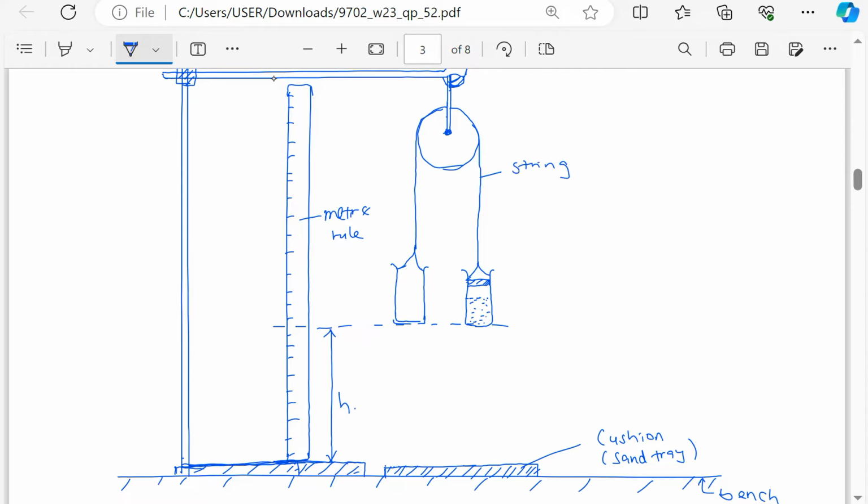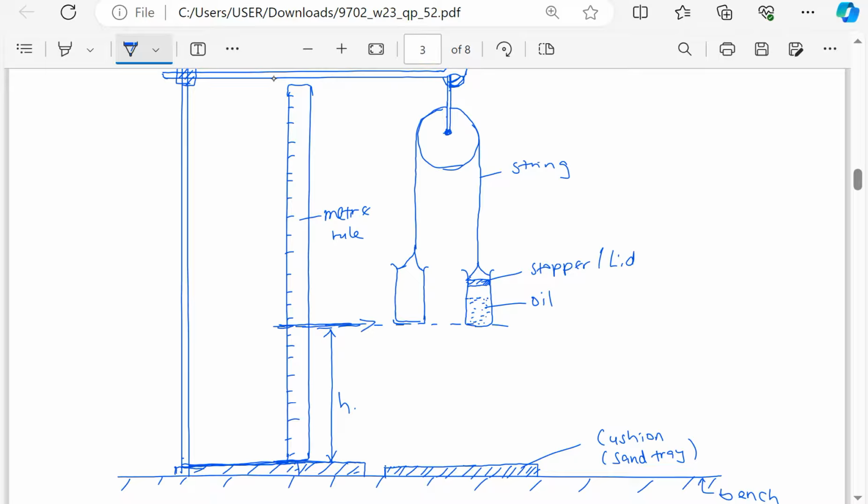So this is the string. This is the cylinder. Here we have oil. This is the lid or stopper. And you can label the cylinder because labeling is very important. Of course, I must attach a pointer here so that I maintain h at the same level.